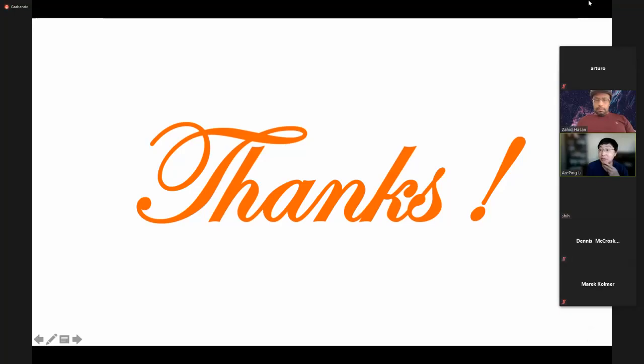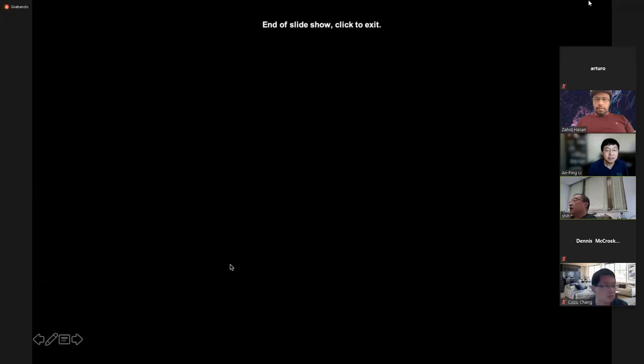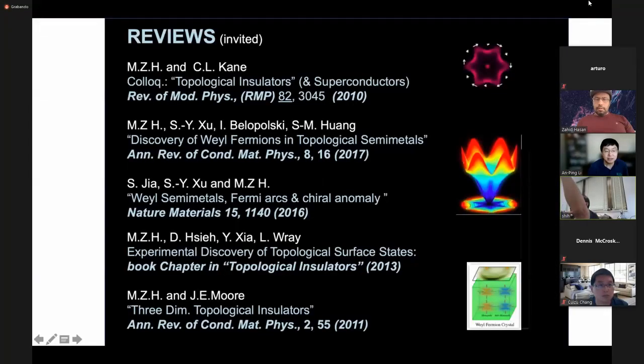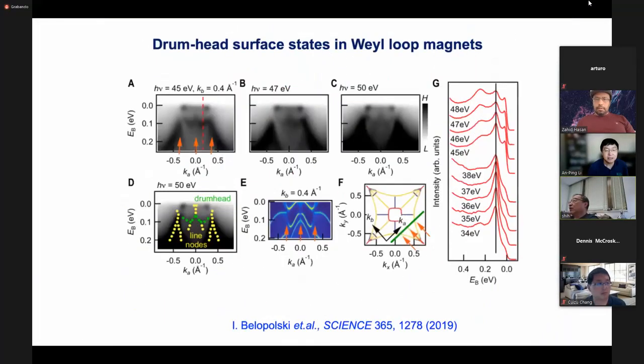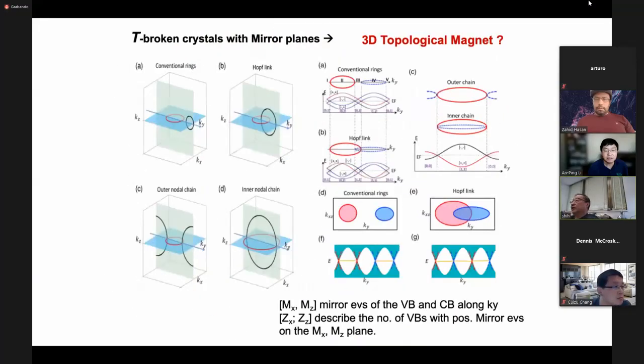I have a quick question. Yeah, go ahead. Zahid, you showed this magnetic field dependence of the STM, and it seems to imply the magnetic field is along the parallel direction. Is that right?